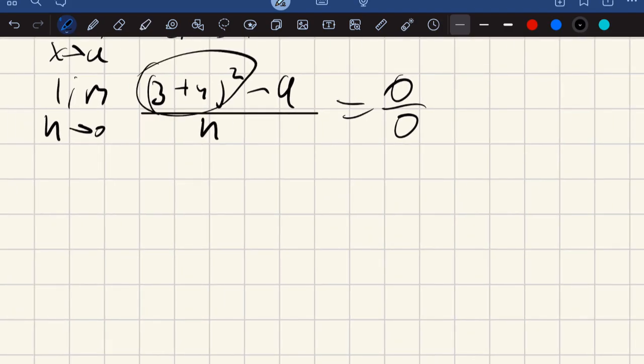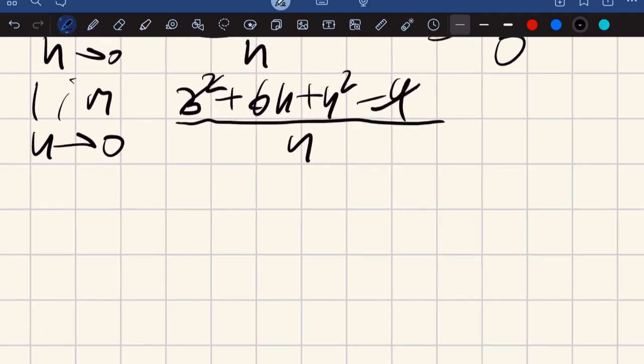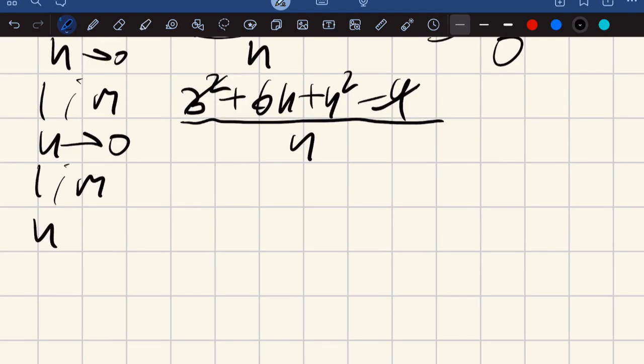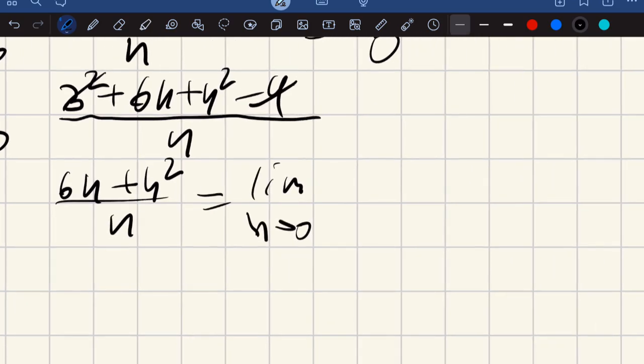So let's just expand this for now. You get 3 squared plus 6h plus h squared minus 9 over h. These two cancel out, and we just have to divide everything by h. So we get 6h plus h squared divided by h, which equals 6 plus h. And we just plug in 0, we get 6.